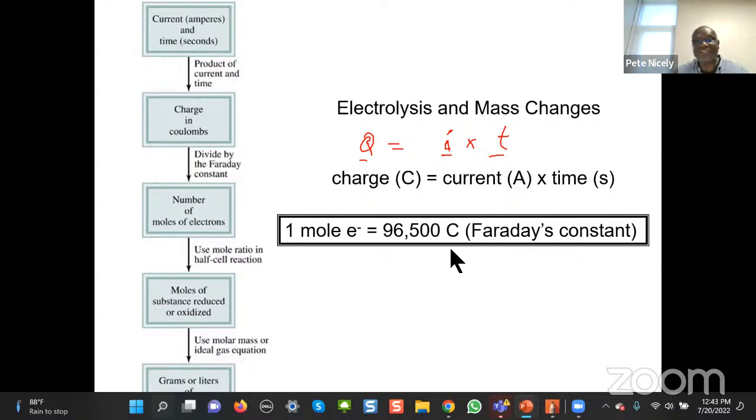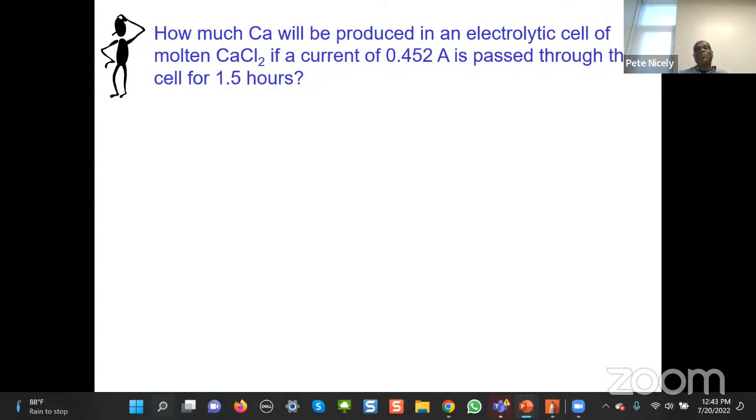So just to illustrate the use of this idea, we're going to look at this example right here. And this question says, how much calcium will be produced in an electrolytic cell of molten calcium chloride if a current of 0.452 amperes is passed through a cell for 1.5 hours, all right?